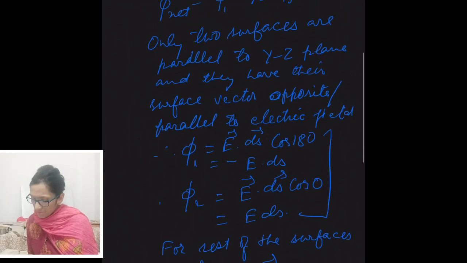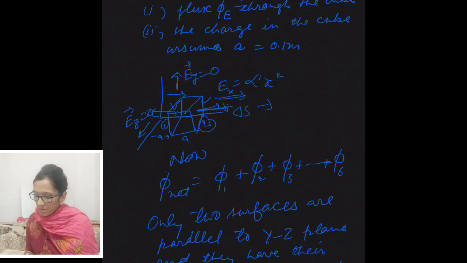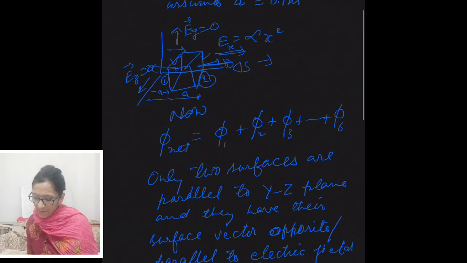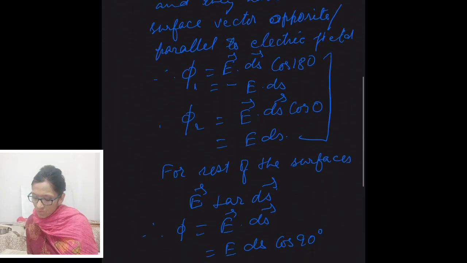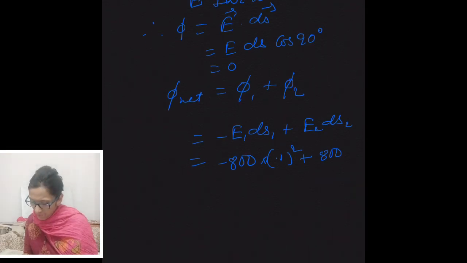And here it becomes plus 800, since here you can see that field lines and surface vector are both in the same direction, so plus 800 into x square, and the x distance has increased, a plus a, 2a. So here in place of 0.1 we will be writing 0.2 in place of 0.1.